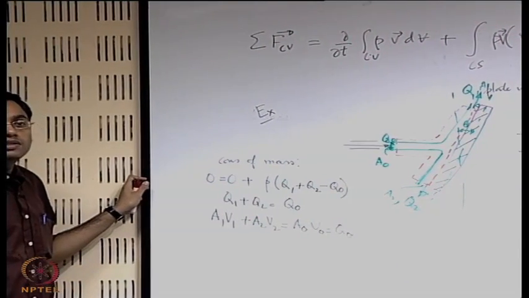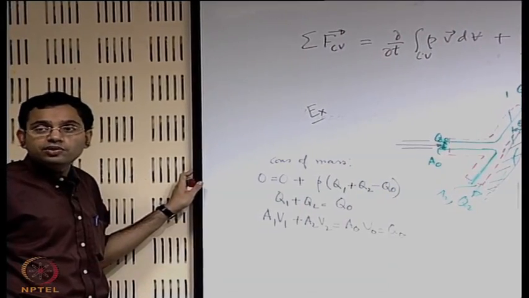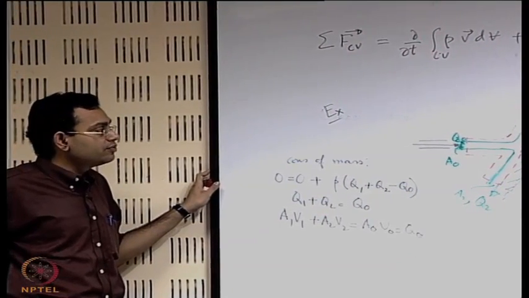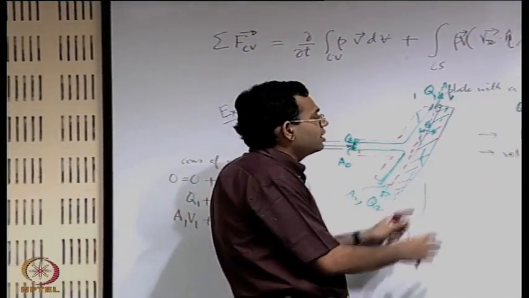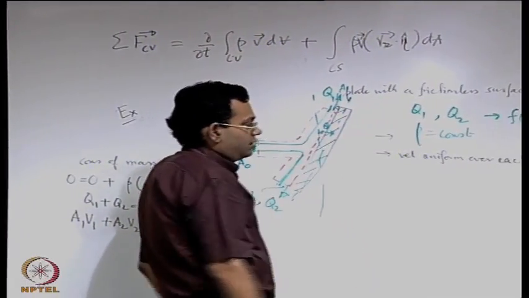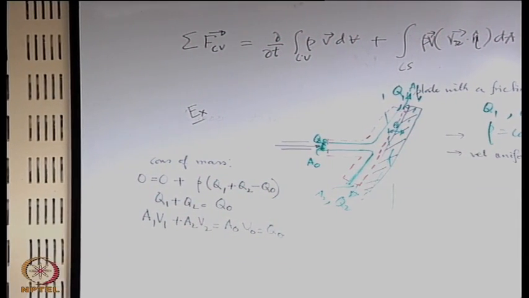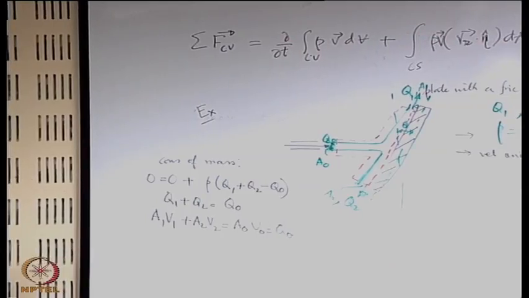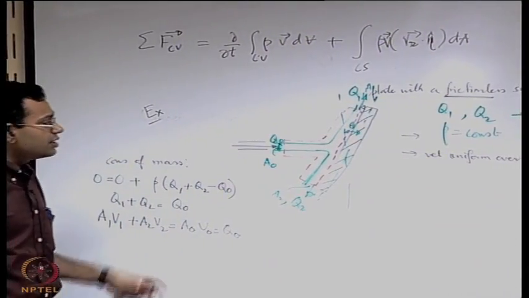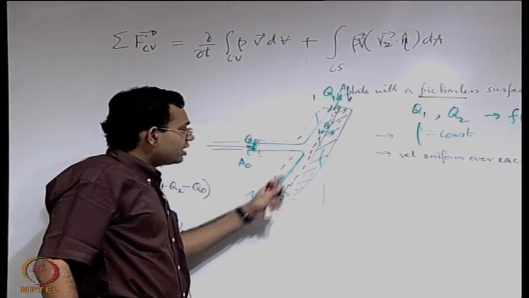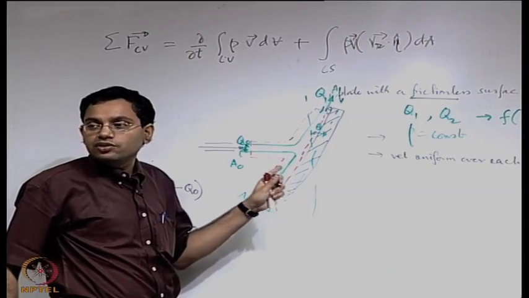Now there is a relationship between V1, V2 and V0. It is possible to have a relationship between V1, V2 and V0, but before coming into that relationship, let us complete the exercise of looking into the linear momentum conservation, that what linear momentum conservation gives us. See, one very important thing is it is considered to be a frictionless surface. That means there is no shear force between the fluid and the plate in the direction tangential to the plate.